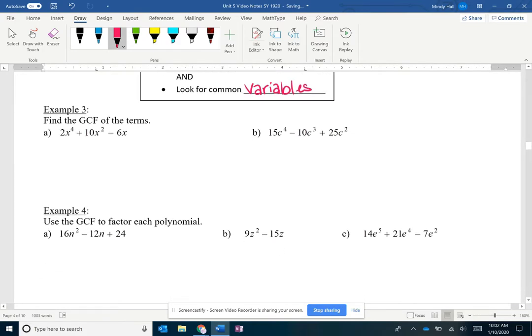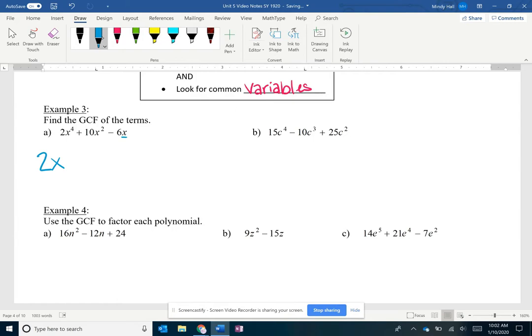So we want to find the GCF for part A. With 2x to the 4th plus 10x squared minus 6x, looking at the numbers, I can take out a 2 because all of them can be divided by 2 evenly. And then when looking at my variables, the lowest exponent I have is 1 because it's the 6x, which means the most I can take from all of them is just 1x.